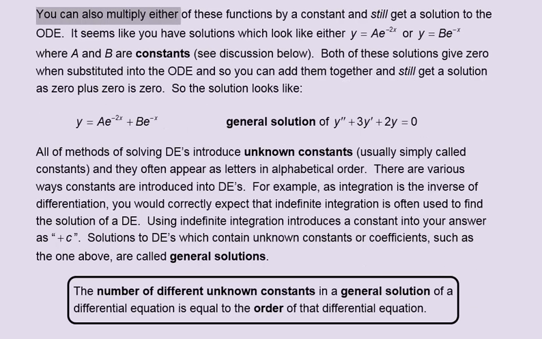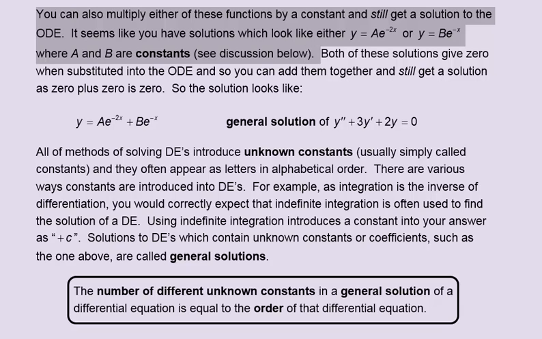You can also multiply either of these functions by a constant and still get a solution to the ODE. It seems like you have solutions which look like either y equals a multiplied by e to the minus 2x or y equals b multiplied by e to the minus x, where a and b are constants.